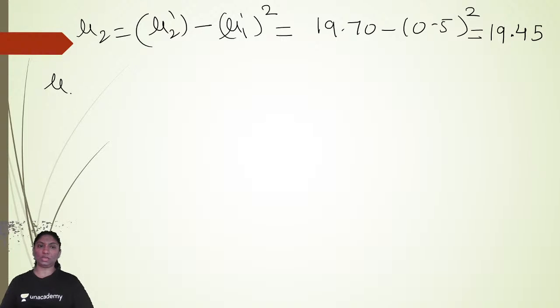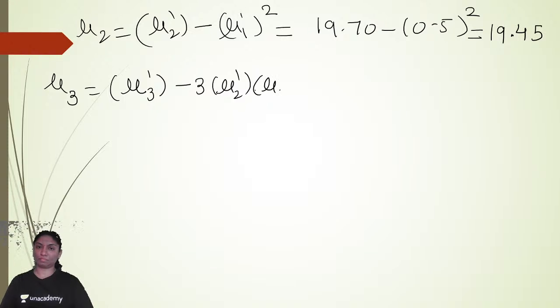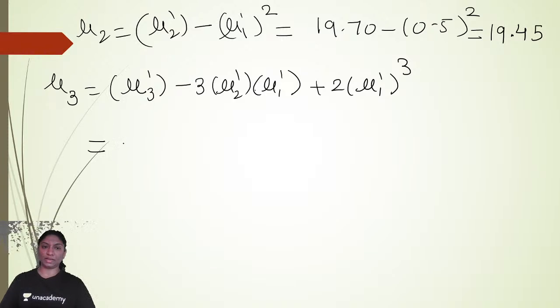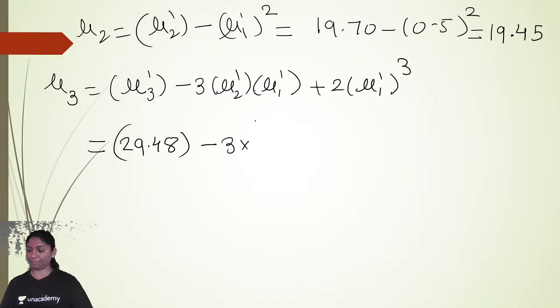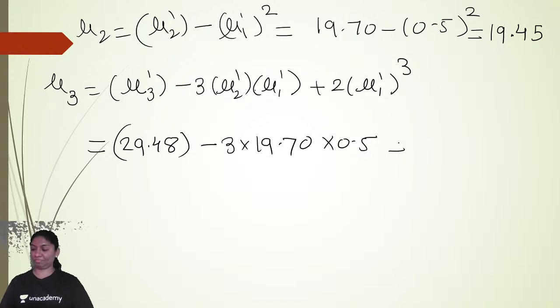Mu2 is 19.45. Okay, mu3 is equal to mu3 dash minus 3 mu2 dash mu1 dash plus 2 into mu1 dash cube, that is 29.48 minus 3 into mu2 dash, 19.7, into 0.5 plus 2 into 0.5 bracket cube.